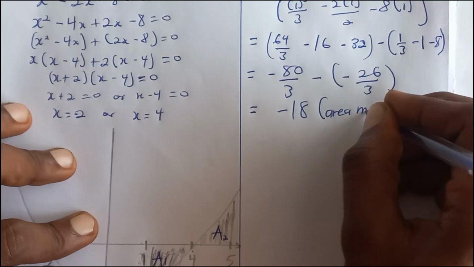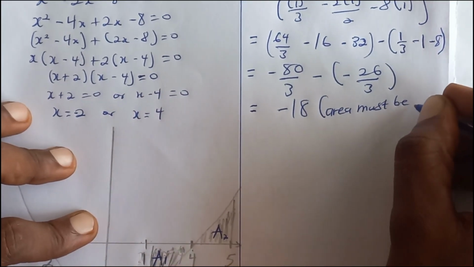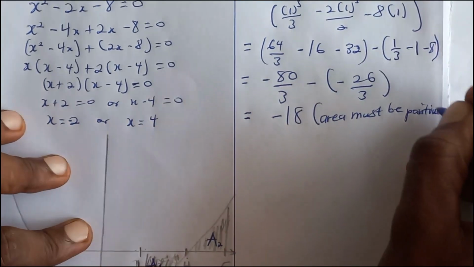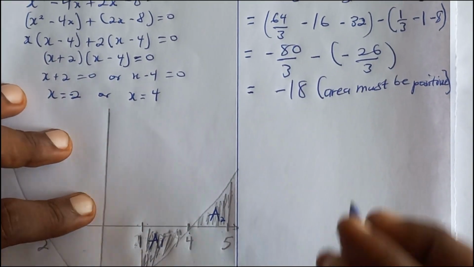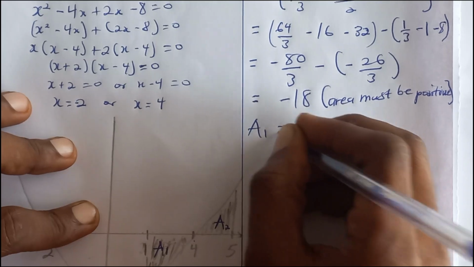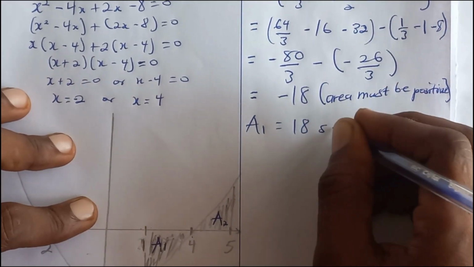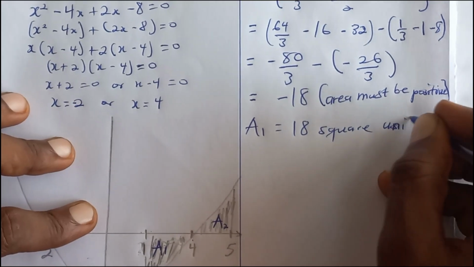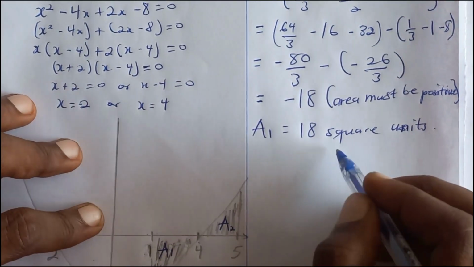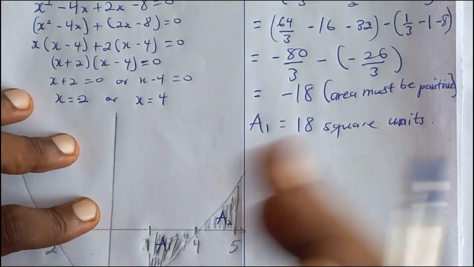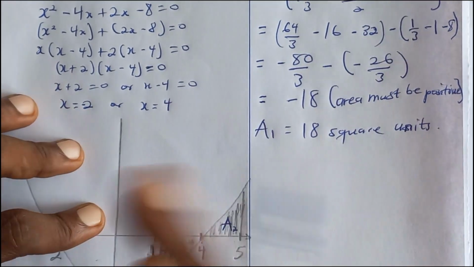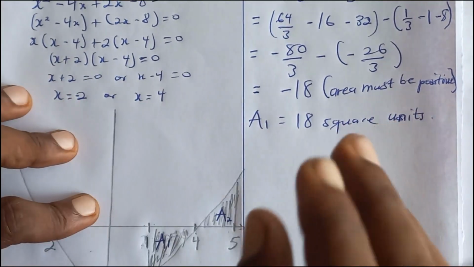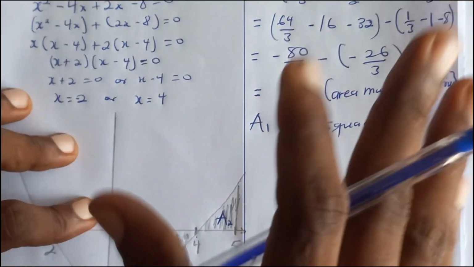Area must be positive. Good. So A1 is equal to 18 square units. I am using square unit because we don't know the unit in which we are working. But since we are calculating the area, it should be squared of that unit.